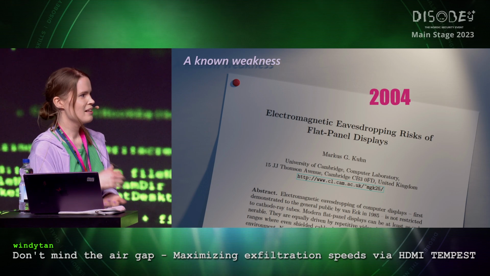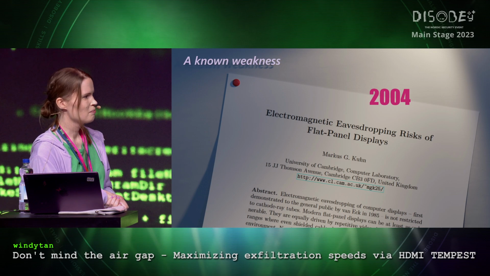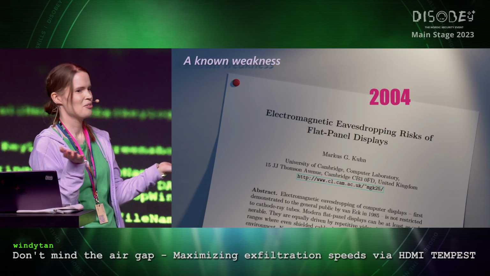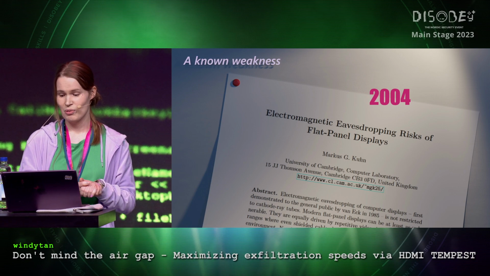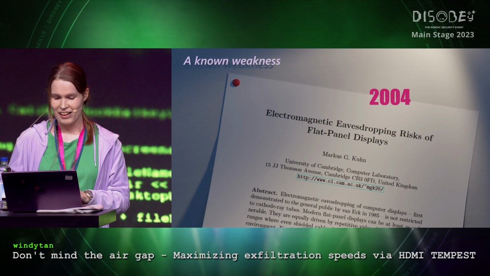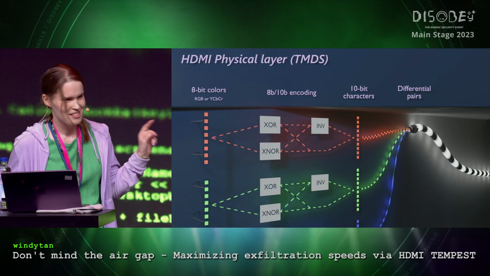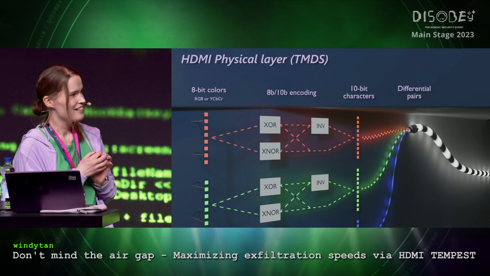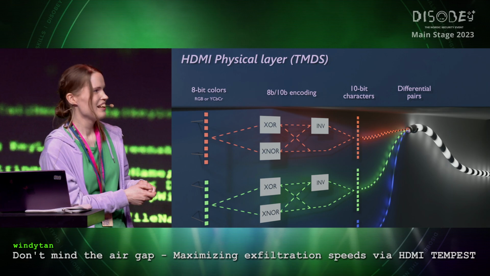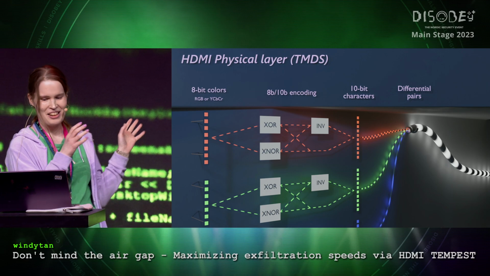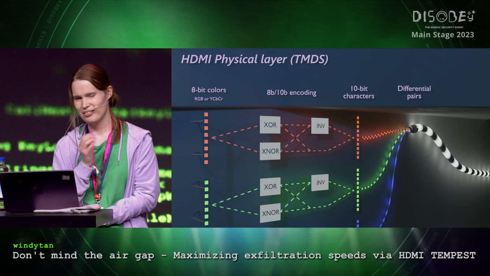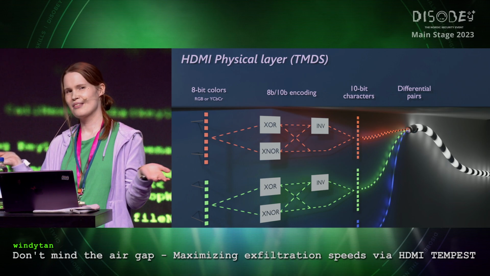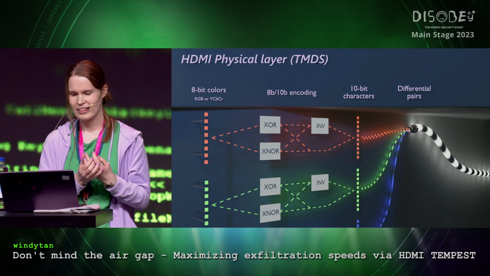But HDMI is digital, so how can you see that with an analog kind of receiver? I'm sorry about the next slide. I just got really carried away with Blender, but I wanted to show that it's very complicated how HDMI encodes the colors to these 10-bit characters, so there is no clear one-to-one mapping between them.